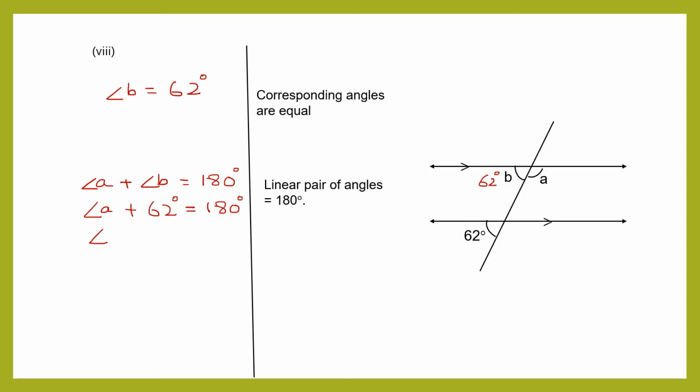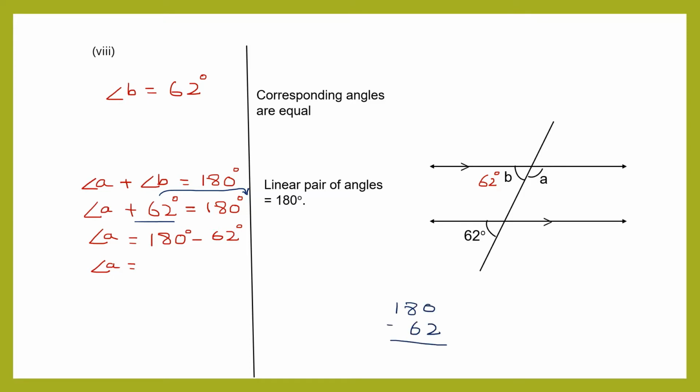So let's find angle A. I'm going to leave 180 degrees on the right hand side. I'm going to move plus 62 from the left hand side to the right hand side. So plus 62 becomes minus 62 degrees. So let's find angle A. Angle A is 180 minus 62.